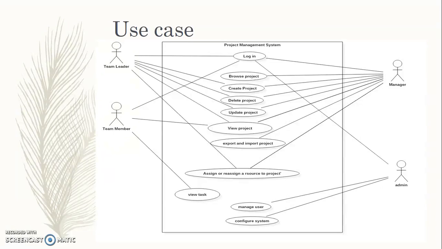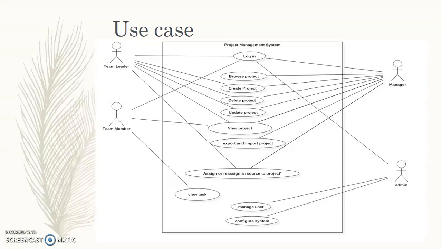First of all, like I said before, all of the actors must log in first. The manager and team leader can browse a project, create a project, delete a project, and update a project. They can also view a project, and export and import the project from the team manager.